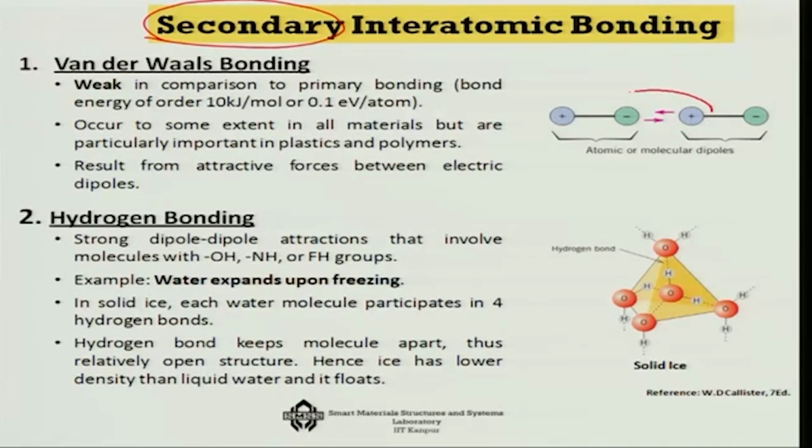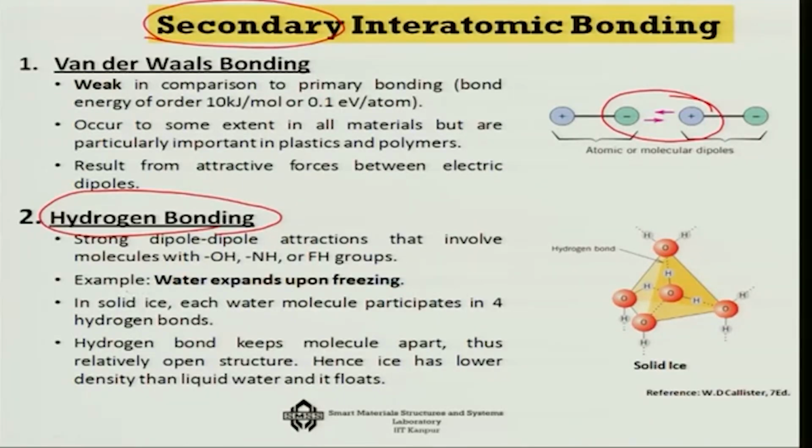So, there is a dipole-dipole interaction, positive and negative dipoles, which creates this van der Waals force. And if this specifically happens with respect to hydrogen, it is also known as hydrogen bonding, with dipole-dipole interactions because of the hydrogen positive attracting the OH minuses or similar things.